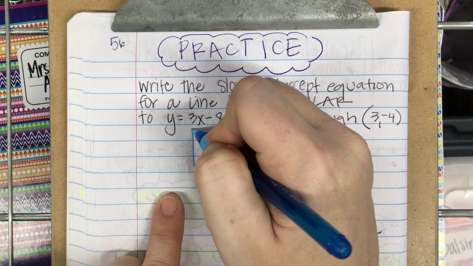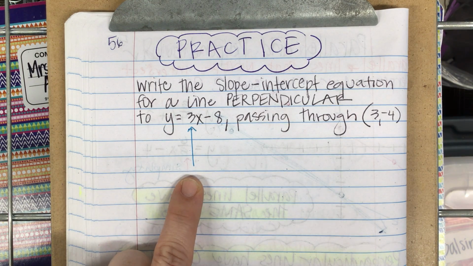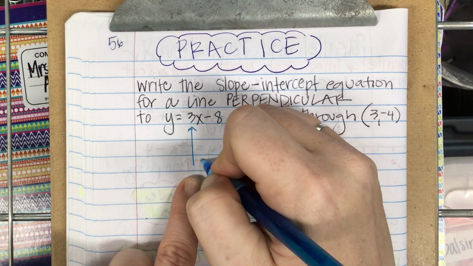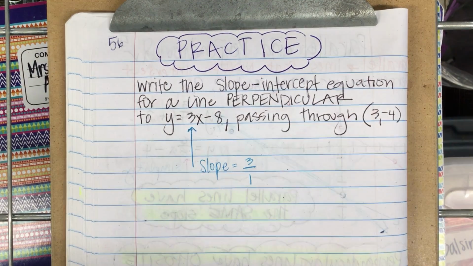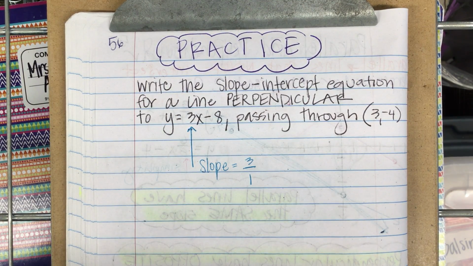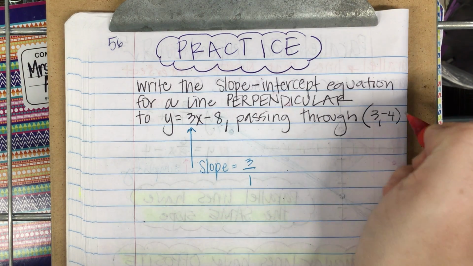Your slope is actually 3. Ooh, I like that. It's 3 over 1. I did a good job. You want a cookie or something? And we have a point.